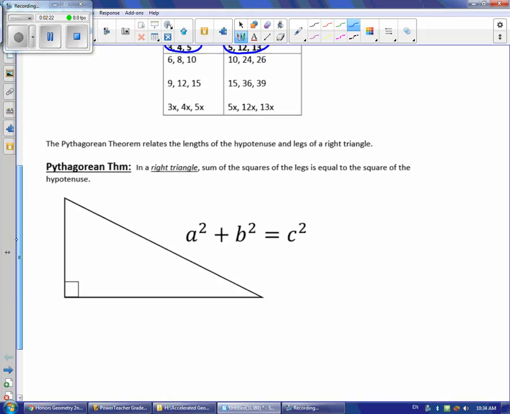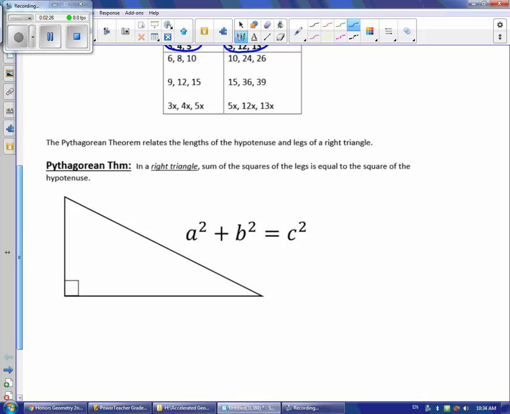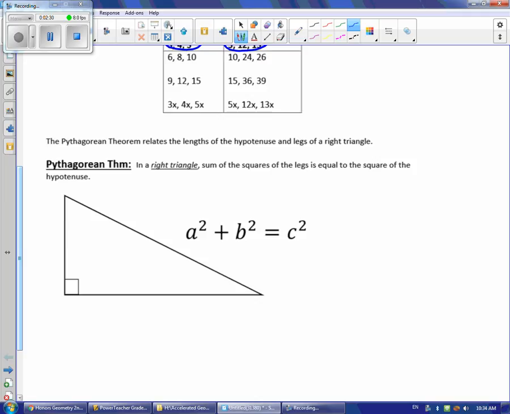So formally now, you're going to get Pythagorean theorem, which says in a right triangle, the sum of the squares of the legs is equal to the square of the hypotenuse. So what you want to remember in Pythagorean theorem, C is always your hypotenuse.